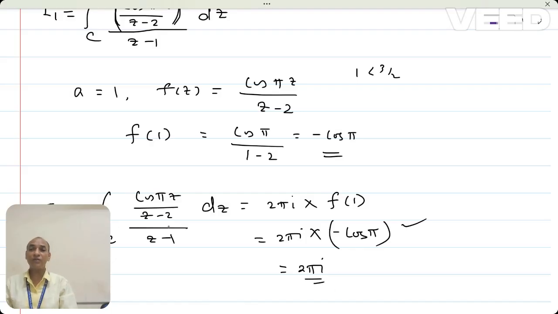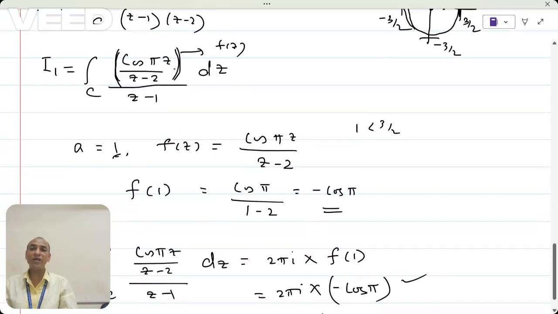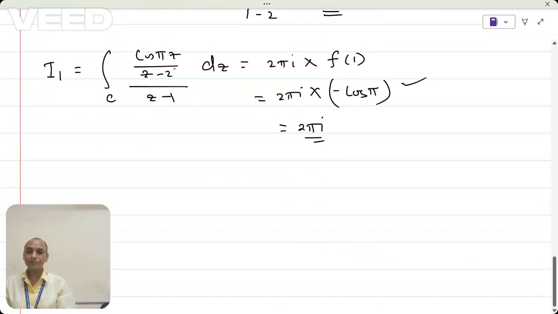So this happens when a equal to 1. But we have another point there. Here another z minus 2 is there. Suppose I am considering a equal to 2. So at a equal to 2, how can I write the integral?